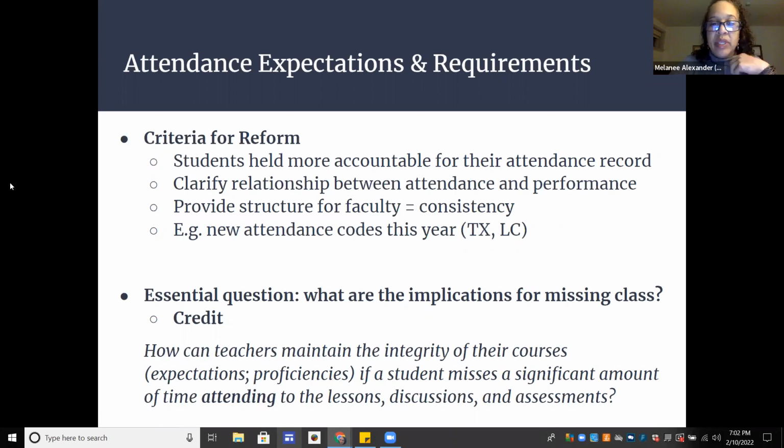When kids miss significant amounts of time attending to lessons and discussions and assessments, it really takes away from their learning. So those are two things to bring more consistency to our grading, to our attendance policy, and to how students are engaging with their rights and responsibilities. The best part is that student voice and faculty voice are front and center in those reform efforts. Thank you.